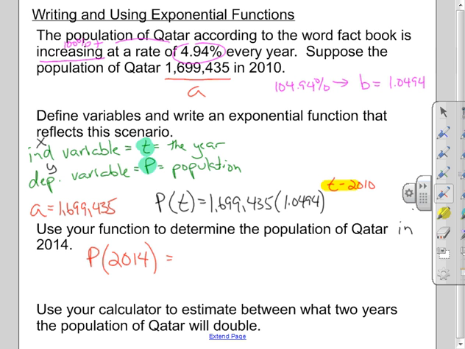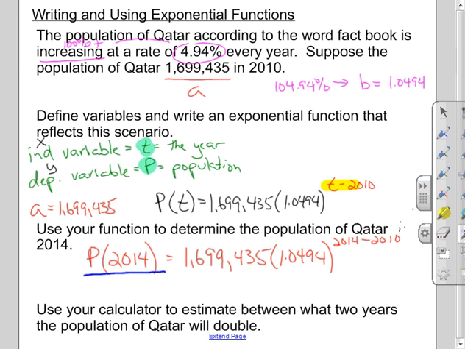So this is going to give me 1,699,435 times 1.0494 to the 2014 minus 2010. Okay? And again, what does this notation mean? It means to take 2014, plug it in for the input in P at T, and simplify.